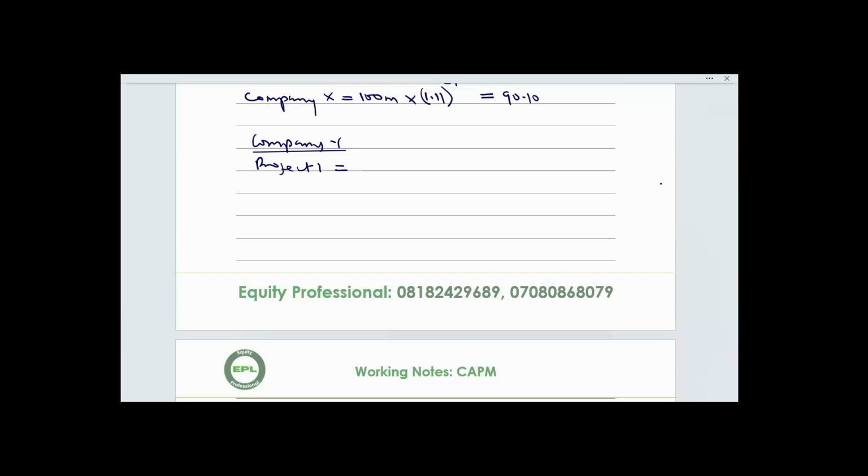What's the cash flow of project 1 for company Y? 25 million, multiplied by the discount factor of project 1. Cost of capital for project 1 is 12.5%. Therefore, it will be 1.125 raised to power minus 1. Okay?